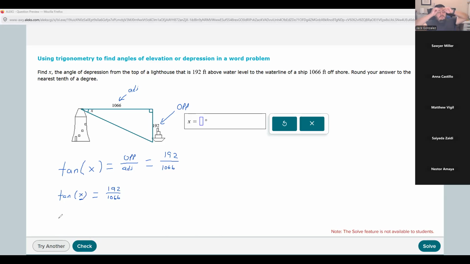Do you remember back when we were talking about inverses, when we would cancel the function? Basically, I have to use the definition or think of it as tangent inverse of both sides. Whatever makes more sense, doesn't matter. And this is the part you punch into the calculator right here.